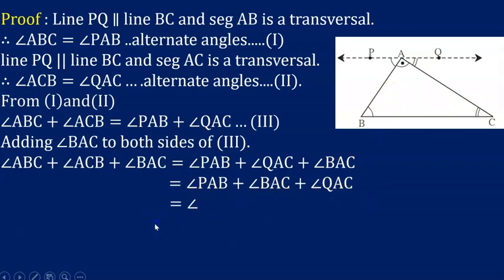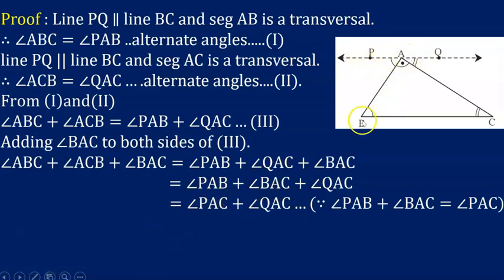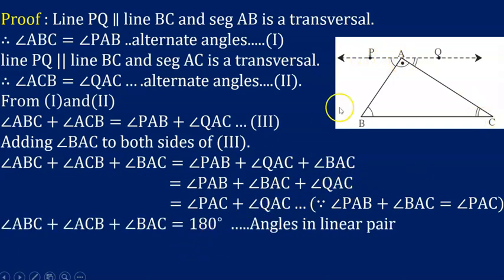Now the sum of these two angles, that is PAB plus BAC, is equal to measure of angle PAC, plus this QAC, and hence these are the linear angles.